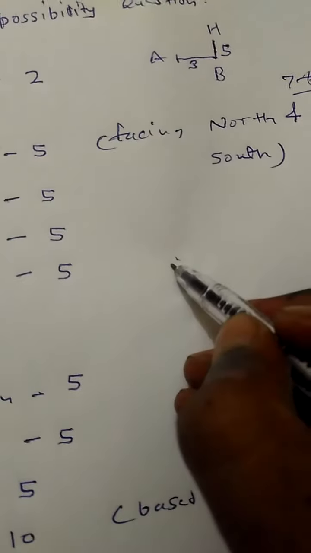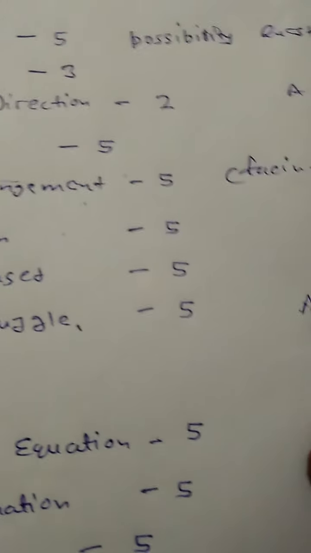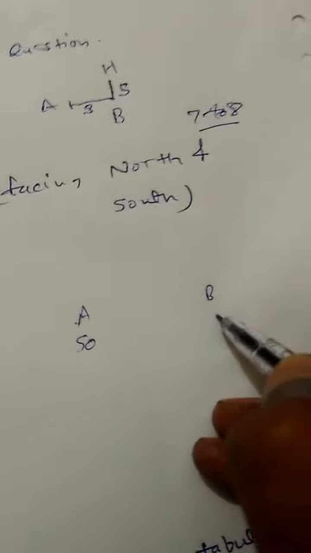In the age based puzzle, suppose the heaviest is A with weight 50 and the lowest is B with weight 20, so you can easily solve.